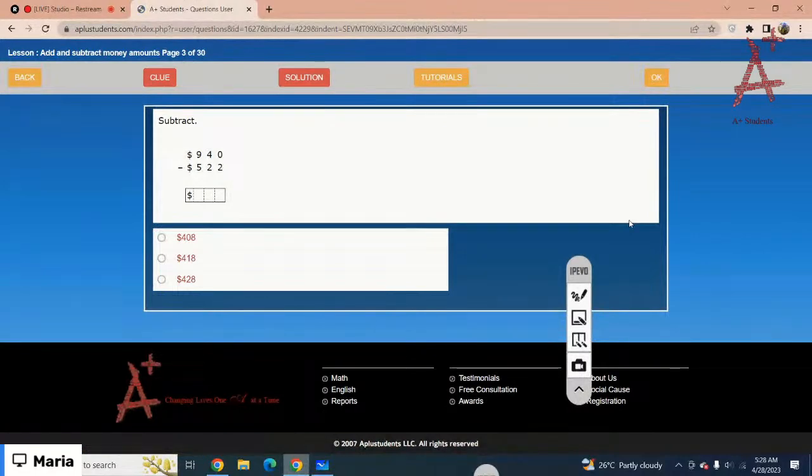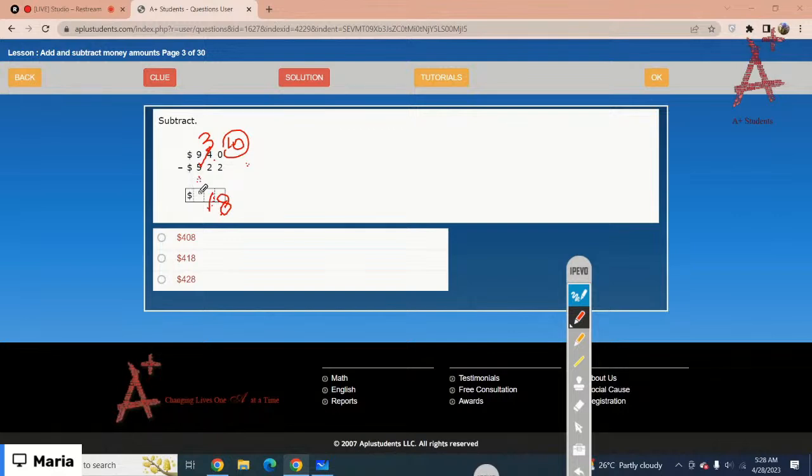Okay, the next one is 940 minus 522. So you can't subtract 0 out of 2, so you need to borrow 1. So here we are left with 3, and here you have 10. 10 minus 2 is 8. 3 minus 2 is 1, and 9 minus 5 is 4.